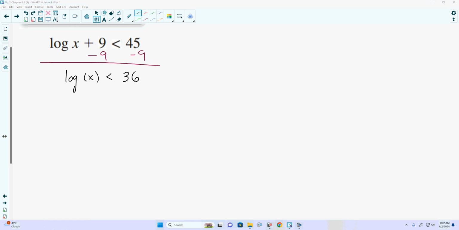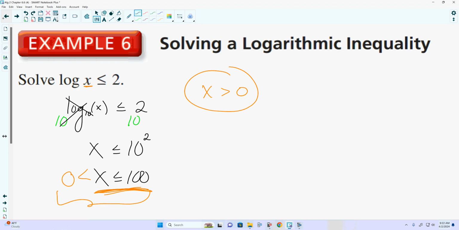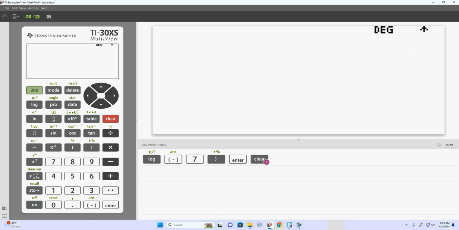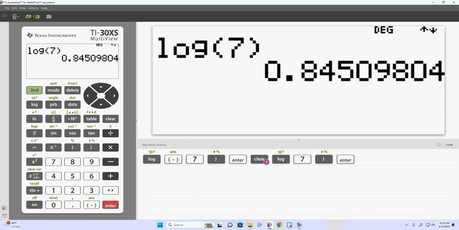If you're not sure, on the last one, 10 squared, we got this nice number. The one before, say, log of 7, you type it in, and we get this ugly decimal. It's not going to work.